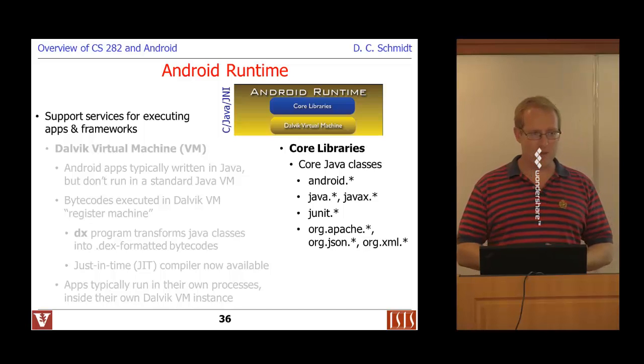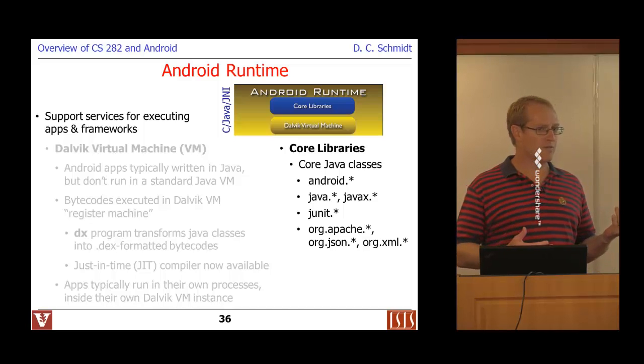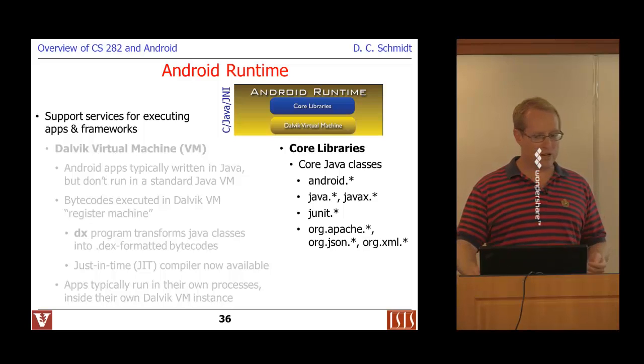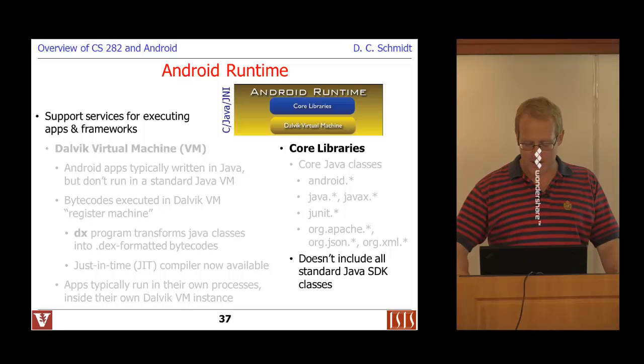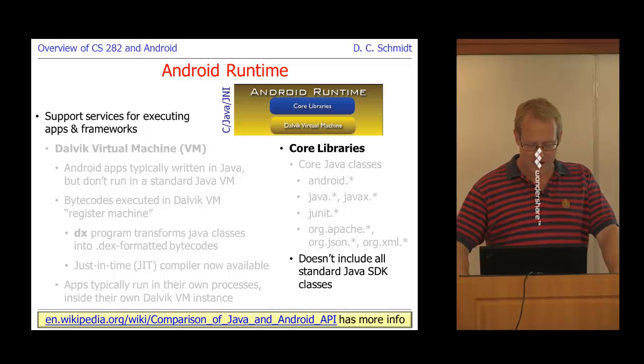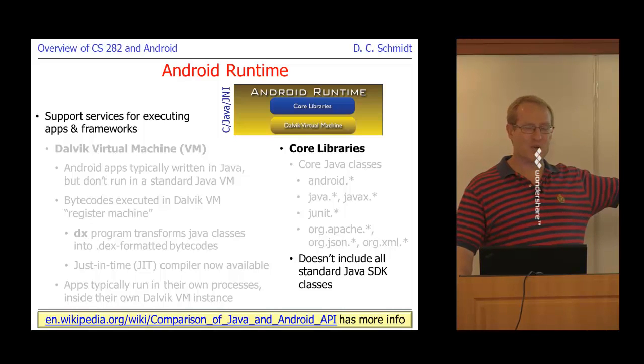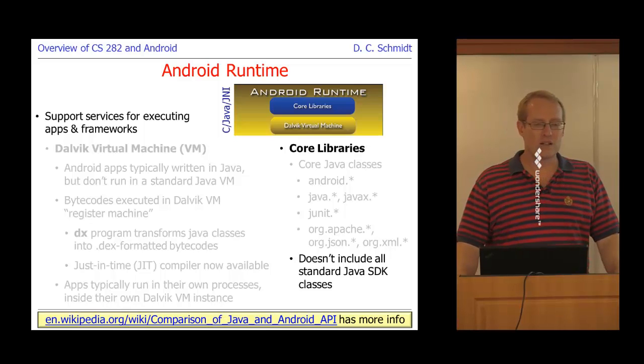You'll get a chance to play around with some of that stuff. You also get other things that are kind of bundled along with this, so various Apache libraries for doing web operations and web service access and so on. But you don't get everything there. And if you want to learn more about this, take a look at this link, and it'll give you a comparison of the normal JVM Java class libraries and the versions that are in Android.